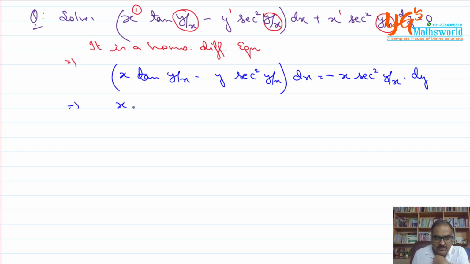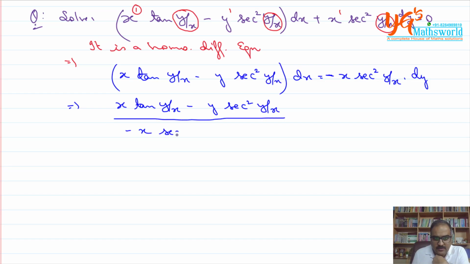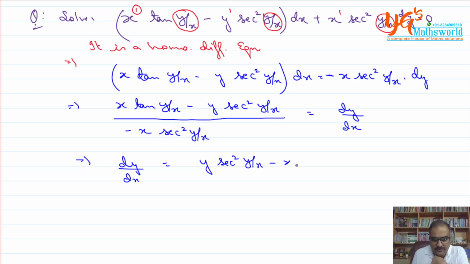Now it will be x times tan y upon x minus y secant square y upon x over minus x into secant square y upon x, and that will be equal to dy by dx. Or I can say dy by dx will be, adjusting this negative sign over here, y times secant square y upon x minus x times tan of y upon x upon x secant square y upon x. That will be equation number 1.